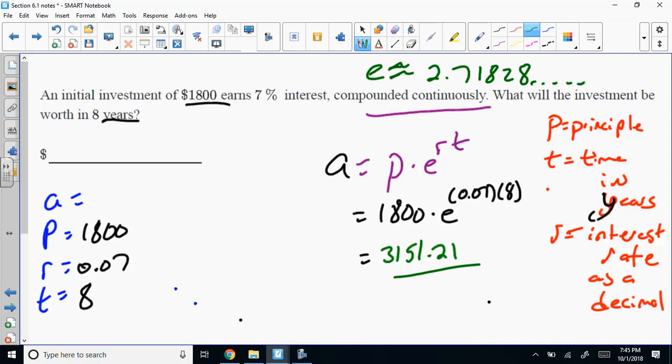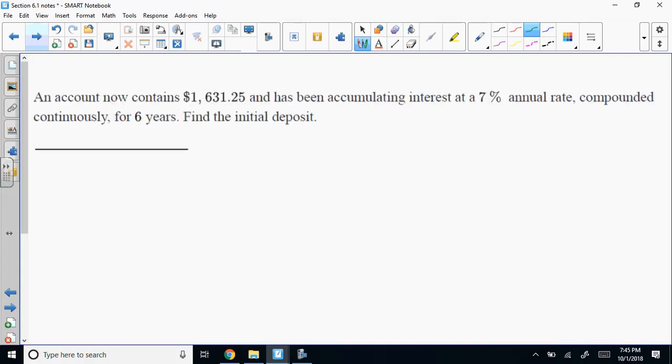Y'all good? All right, $3,151.21. Everybody agree? Okay. Good.